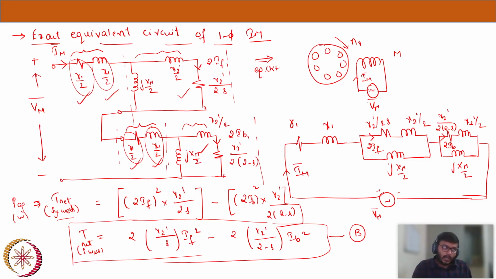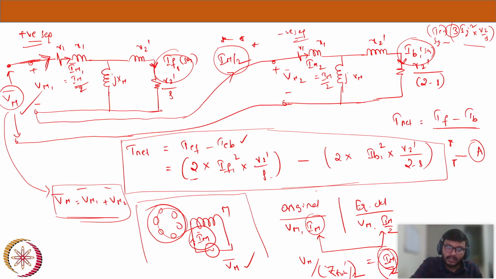The moment we divided all the parameters of the circuit by 2, that means all the resistances and impedances were halved, what happened to my current? My current became twice, so my power also becomes twice. That's why there is no need to multiply by the factor 2 here, because in the earlier equation we multiplied our torque and power equations by 2 for the two-phase machine concept.